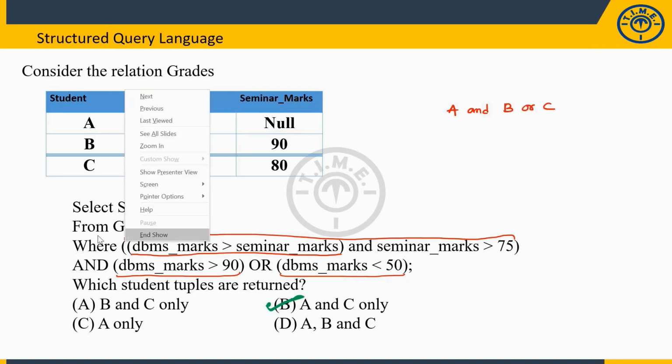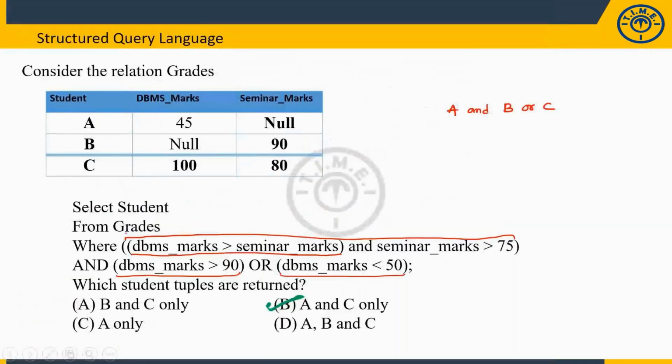This is a condition for A. This is condition A and B or C. Again, in A, what is there? We have two conditions.